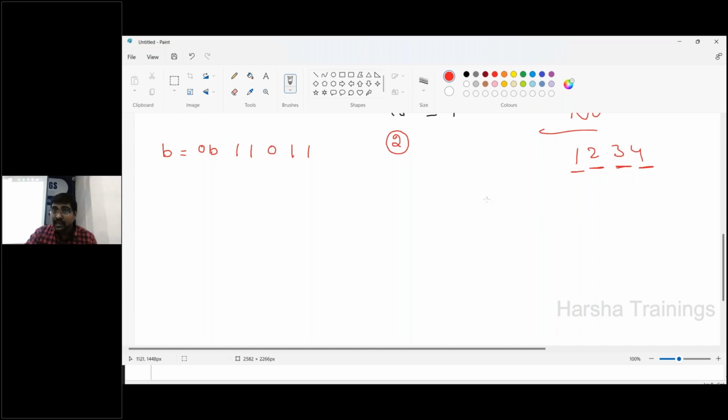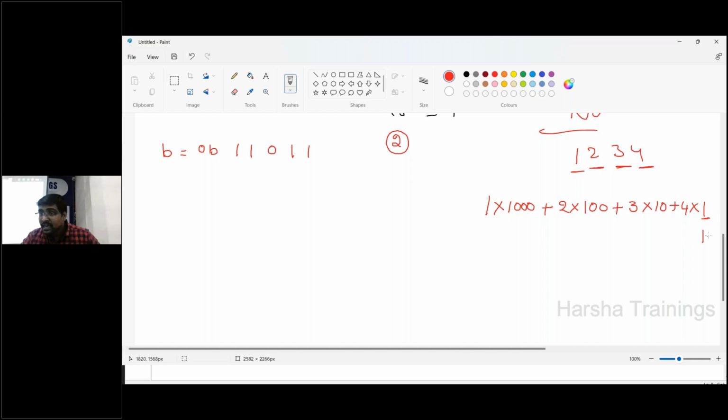Yes or no? The internal logic is 1 into 1000 plus 2 into 100 plus 3 into 10 plus 4 into 1. Exactly. In every format, the concept is the same.